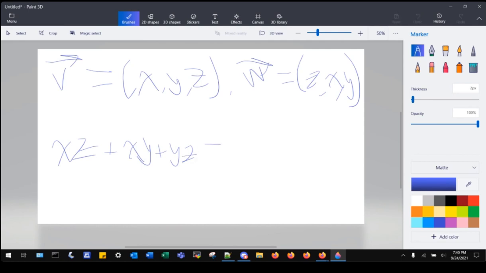And the magnitude of this vector will be the square root of x squared plus y squared plus z squared, times the magnitude of this vector, which also happens to be the same. So we get to take out the square root.